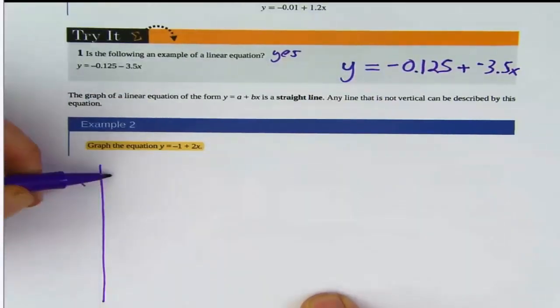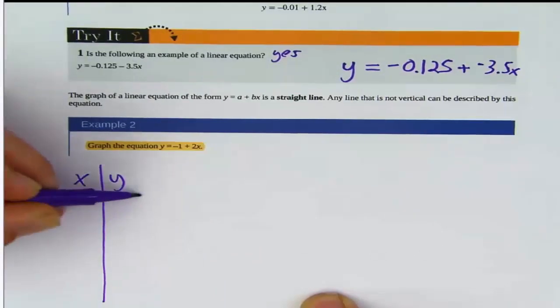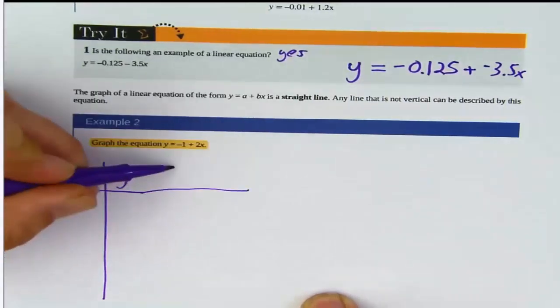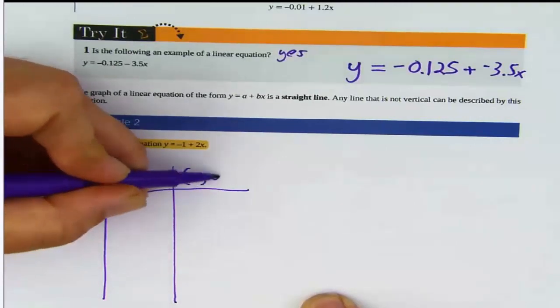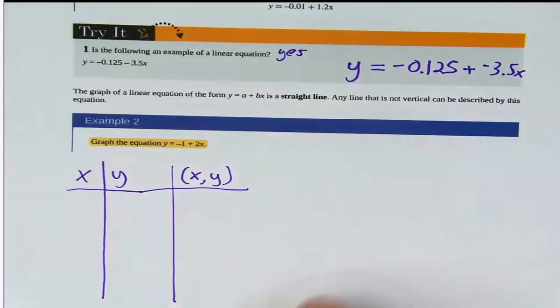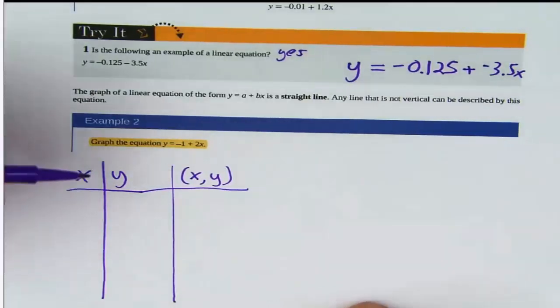I'll make a table of x and y values, which will give me ordered pair solutions to the equation. And of course, that infinite set of ordered pair solutions, when you graph them, will form a line in 2 dimensions.